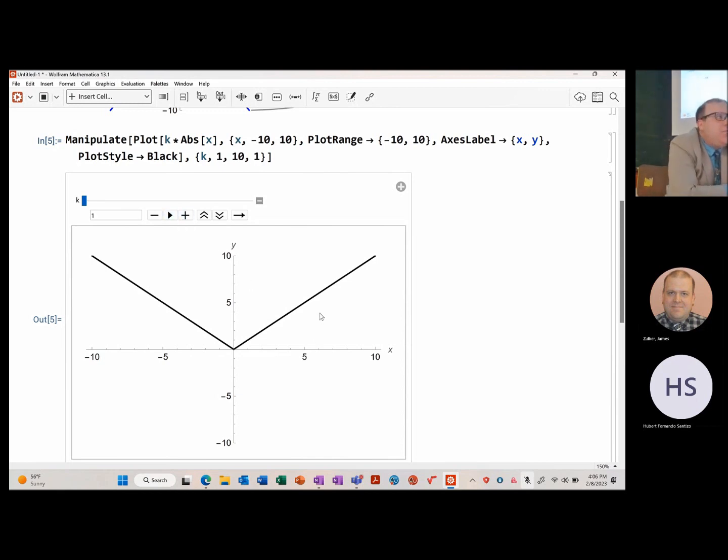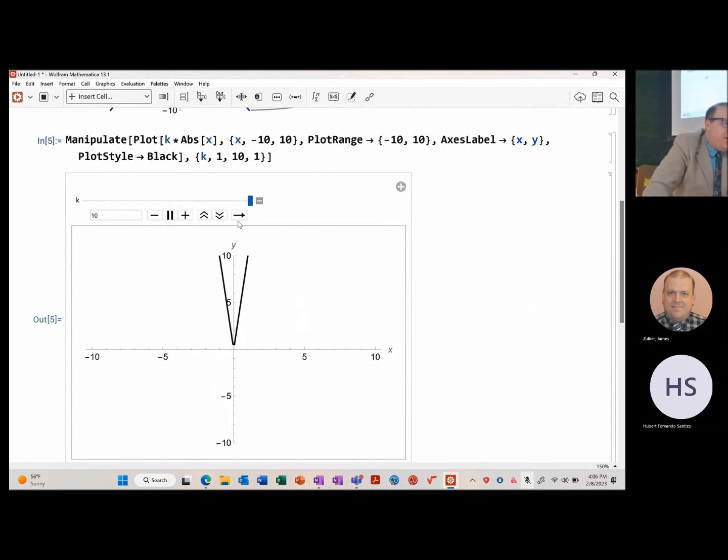So look how the vertical stretch affects the graph as it goes from factor 2 to 10. Right, so like I said, it's literally stretching out.